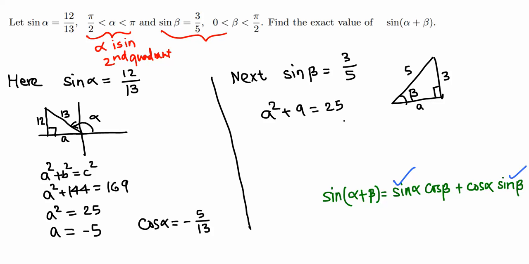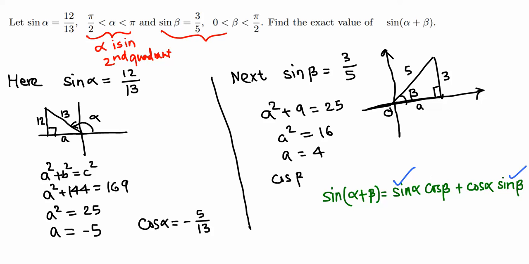Subtract 9 from both sides, so a squared equals 25 minus 9, 16. Take the square root, a equals 4. We are in the first quadrant, so pretty much like this from the origin, so this a is positive. From this we can find the unknown cosine beta. Cosine beta is adjacent over hypotenuse, so 4 over 5.